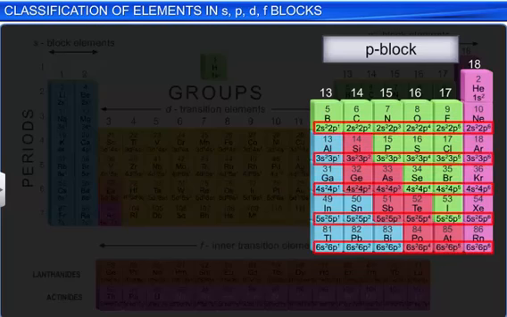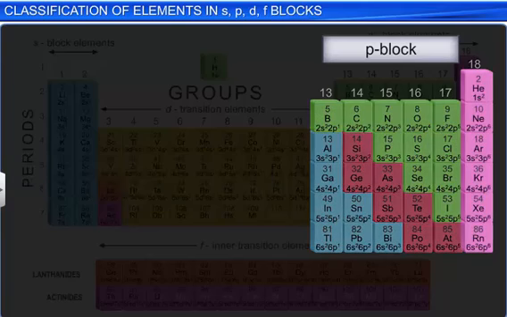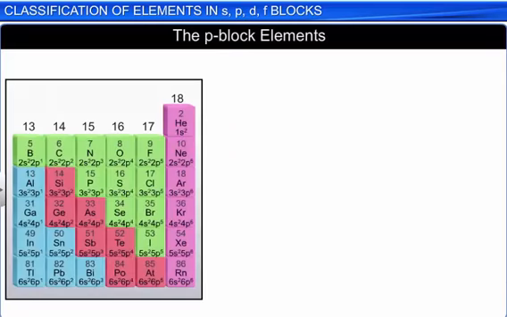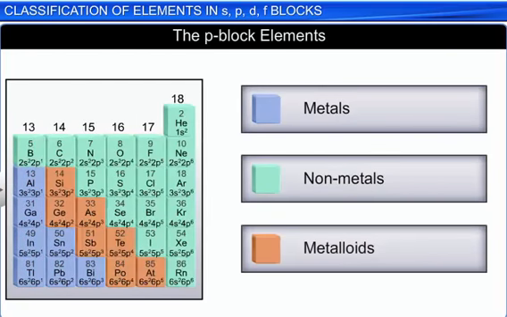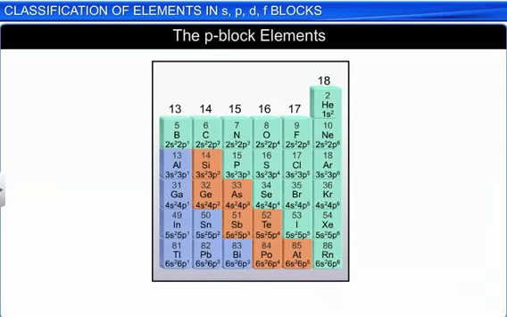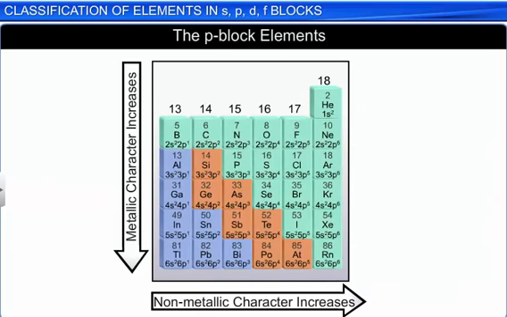This results in an outermost electronic configuration varying from ns2 np1 to ns2 np6 in each period. At the end of each period is a noble gas element with a stable configuration of ns2 np6. The p block consists of metals, nonmetals, and metalloids. The non-metallic character increases across the period and the metallic character increases as we go down the group.